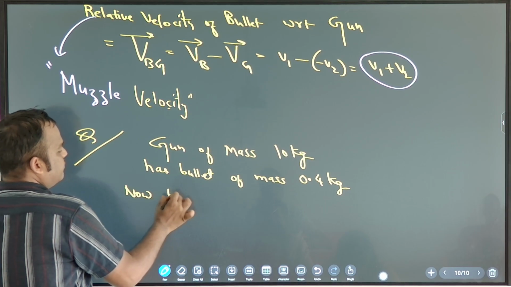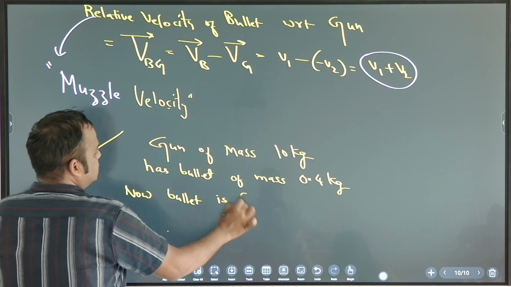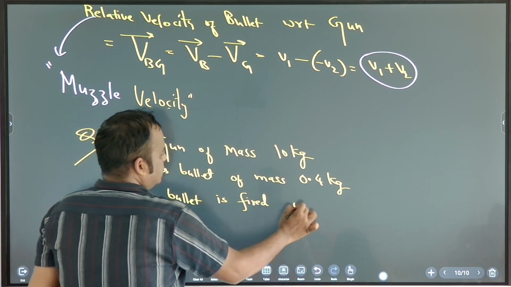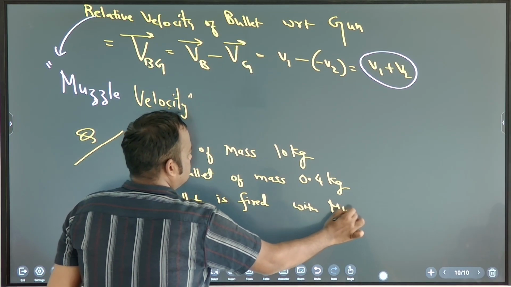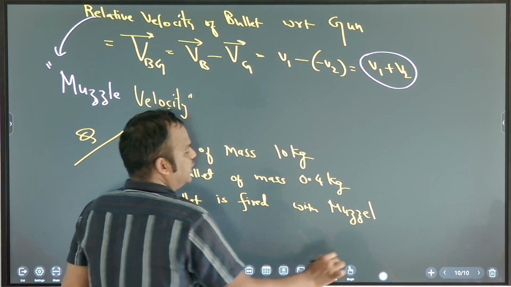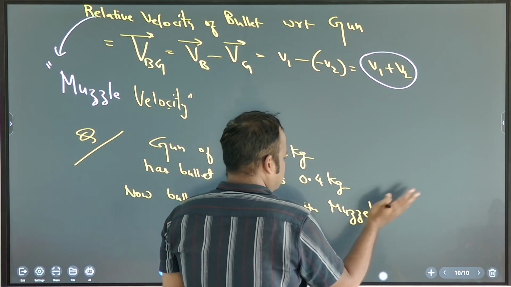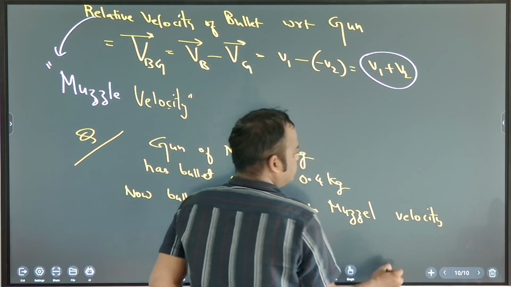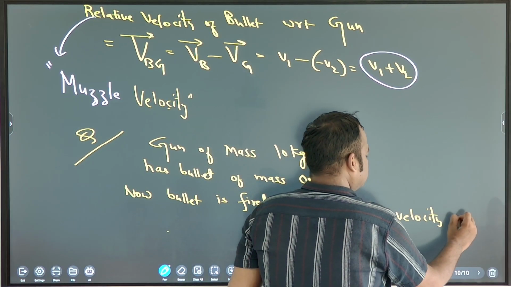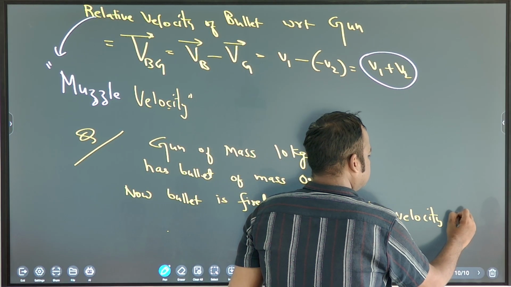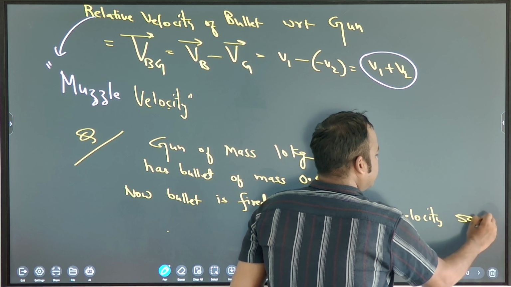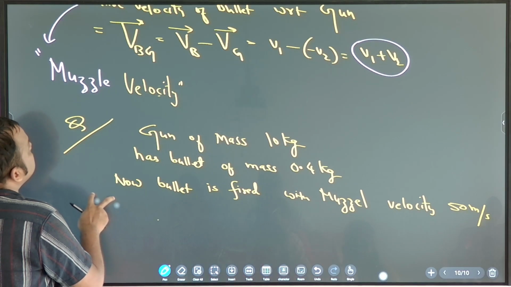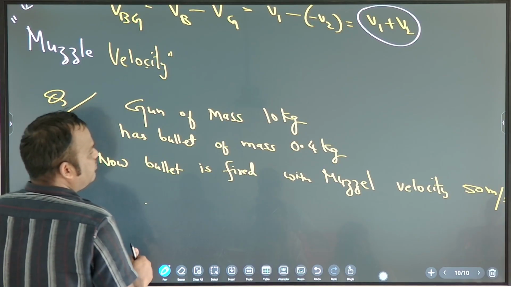Now bullet is fired with muzzle velocity 50 meter per second.